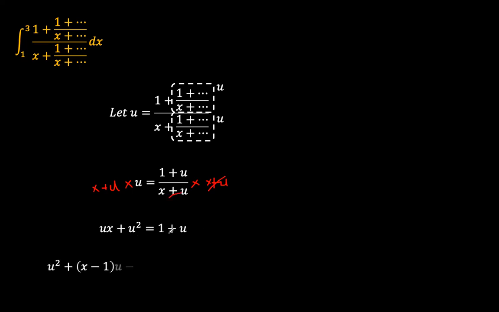Now you rearrange by pulling everything on the right to the left. We eventually have a quadratic expression, u squared plus (x minus 1) times u minus 1 equals 0. Now this is good, we are heading somewhere. What we really need to extract is u in terms of x.